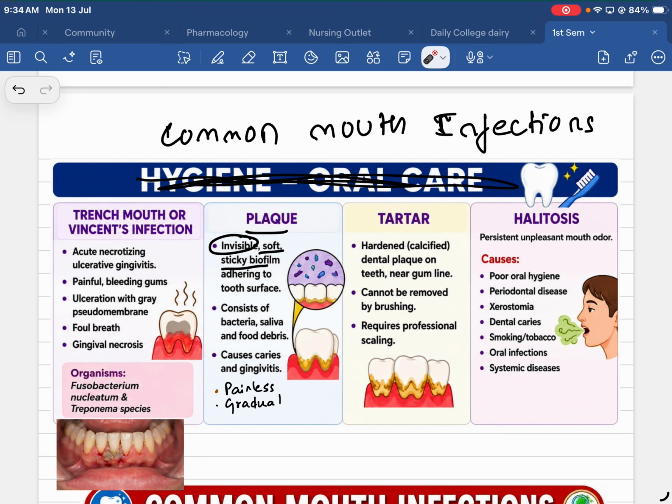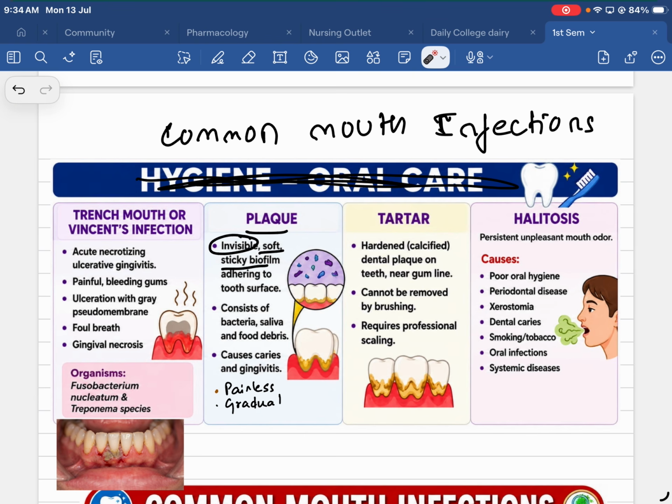Are you understanding? Here, very importantly, it does not happen in a single day. Suppose today you have not done the oral care, that doesn't mean you will get plaque today only. After a prolonged period of the same practice, when you are not caring for the oral cavity, that time you will get plaque. Now after getting dental plaque, if you are still not caring, and not showing it to the doctors or getting an appointment, it will get hard and calcified, and that is called tartar.